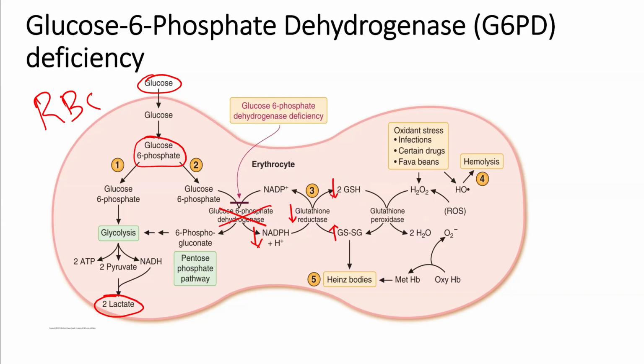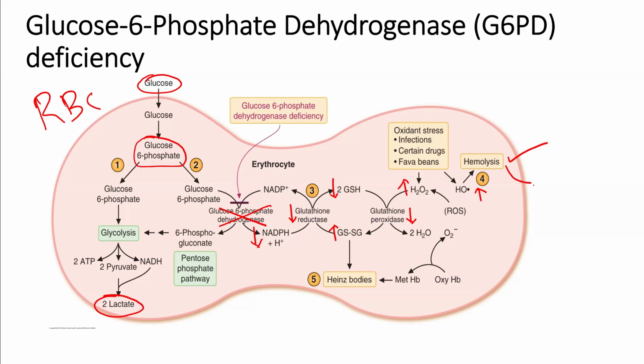When the GSH decreases, glutathione peroxidase activity decreases. That means there will be a buildup of hydrogen peroxide. This hydrogen peroxide will lead to an increase in hydroxyl radical, and that hydroxyl radical causes hemolysis.